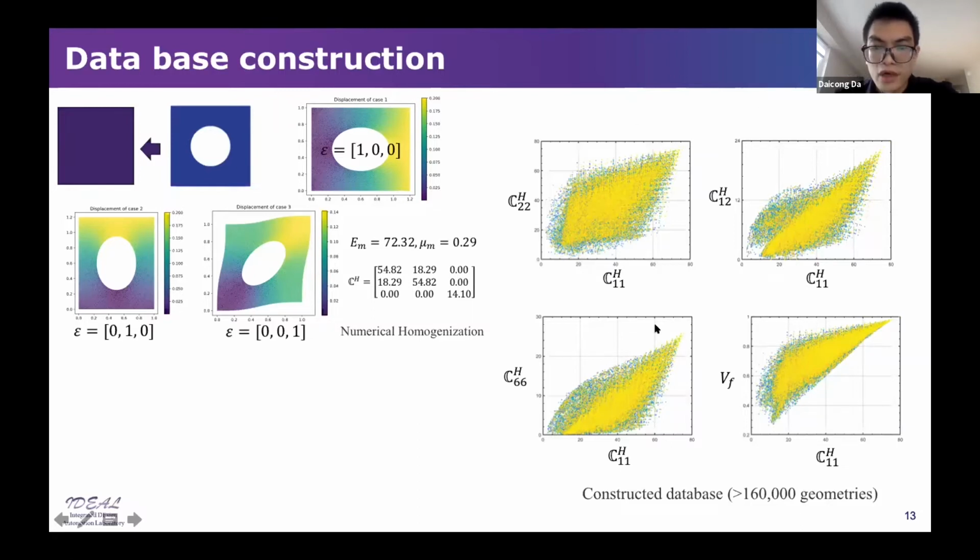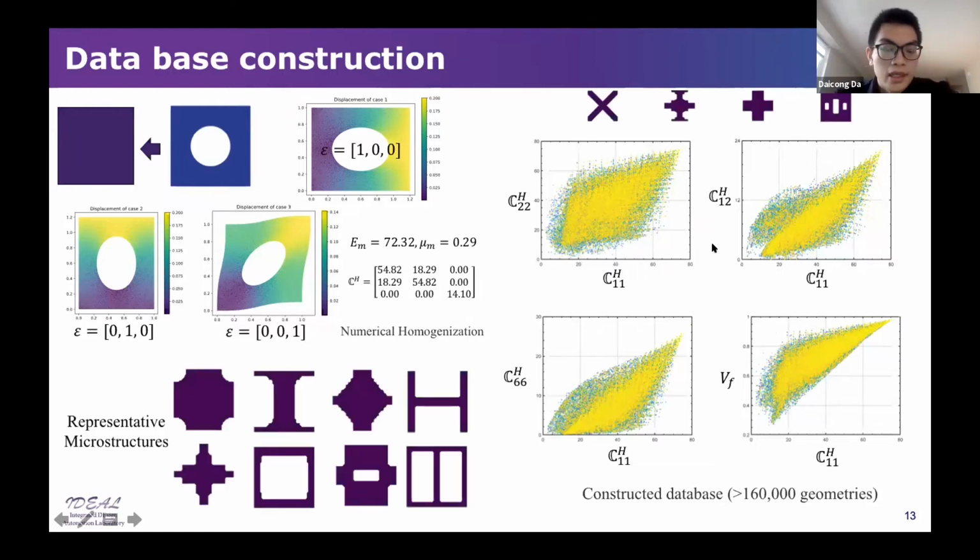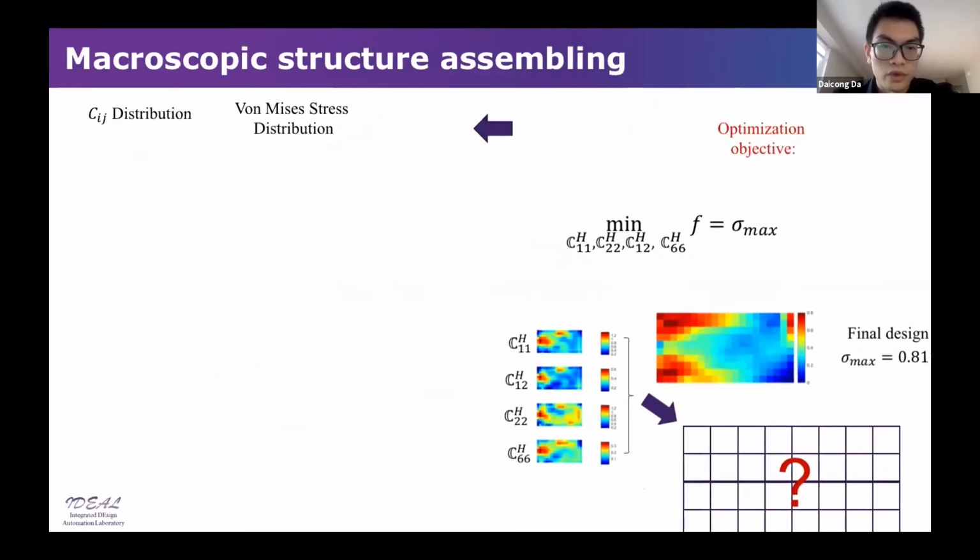So we have a large database of the unit cell geometries and the material properties at the same time. And one thing we note here is that we consider only the orthotropic structure, so it's symmetric in different directions. But extending to anisotropic geometries is very straightforward.